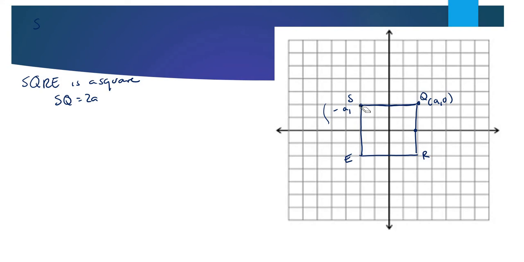But we know that the x coordinates are going to be A and negative A because SQ has a distance of 2A. Well, if it's a square, then this also has to be 2A, which means that up 1 unit would be A, and down 1 unit would be negative A. So filling in the rest of the ordered pairs.